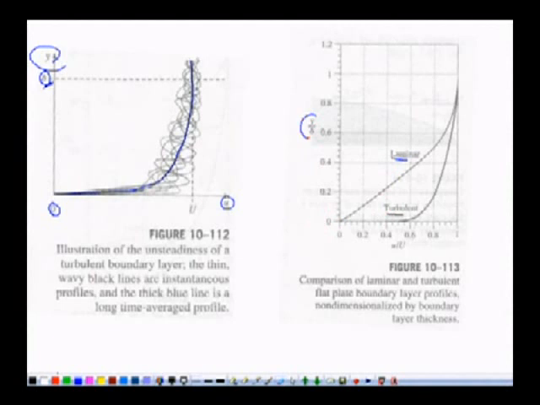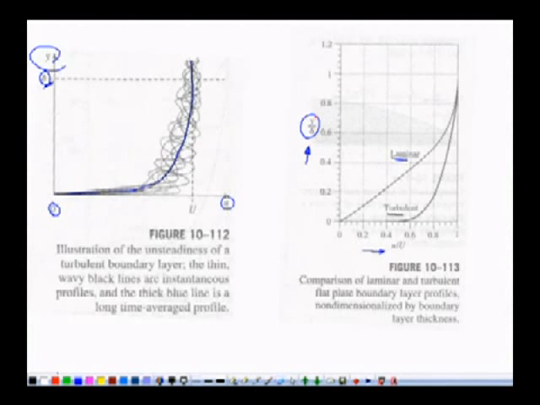Here we have y over delta, which is dimensionless: y is a distance, delta is also a distance, so distance divided by distance is dimensionless, and u divided by U. In dimensional analysis and model testing we studied why it is important to do dimensional analysis in fluid mechanics. With its help, it's easy to conduct the experiment and easy to analyze the result also.